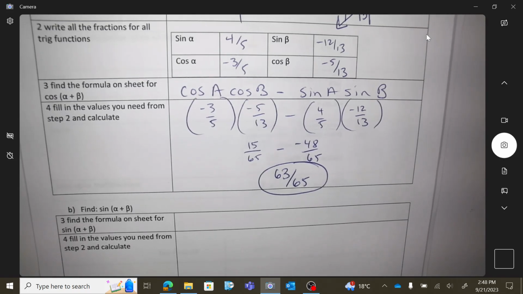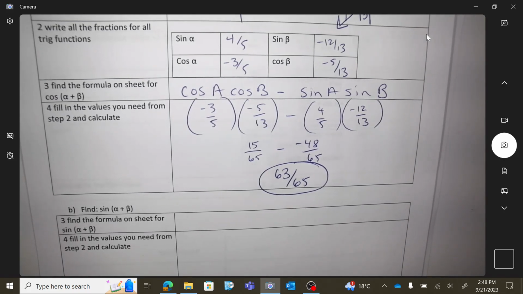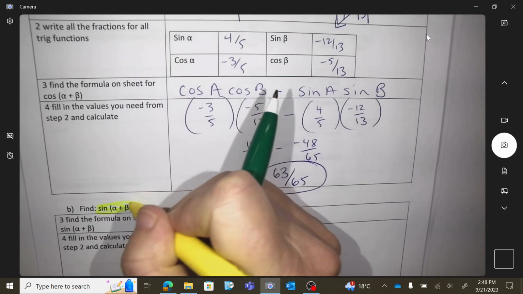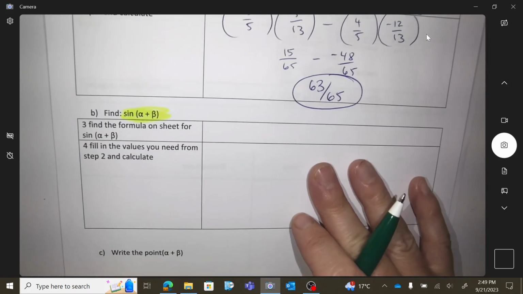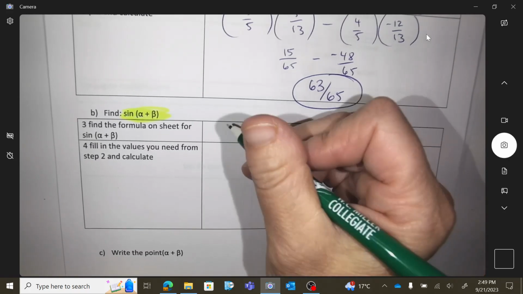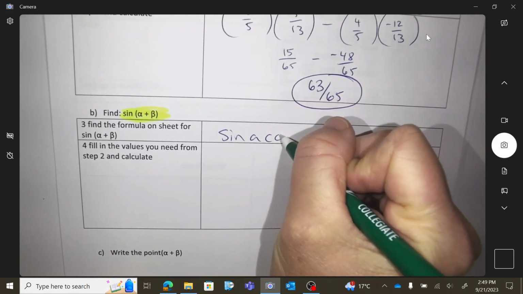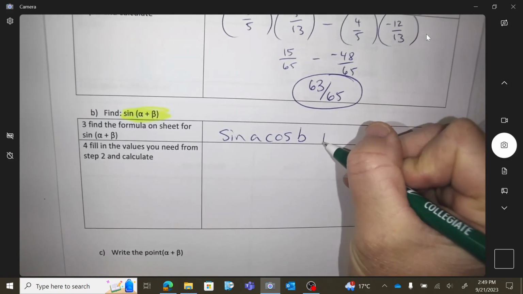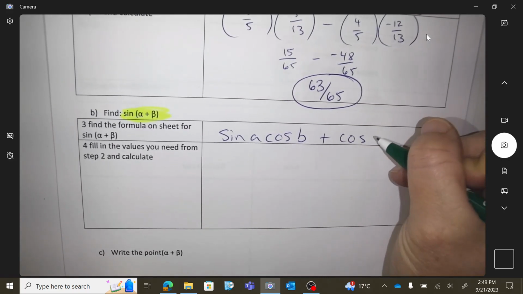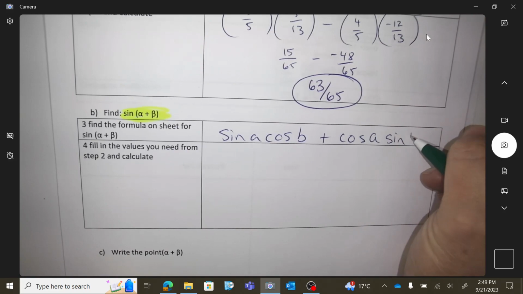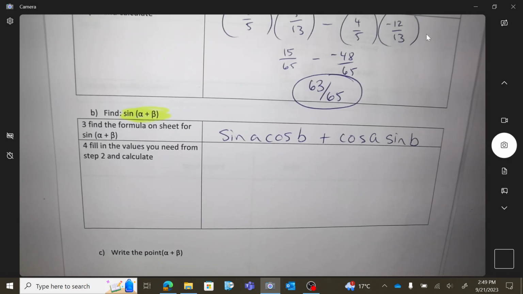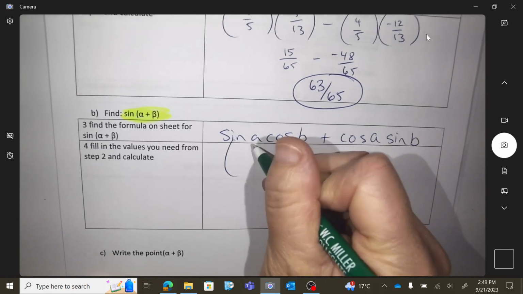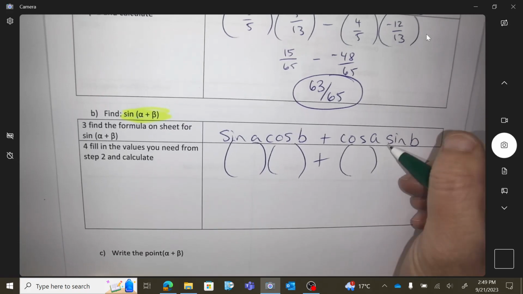Okay, next part, find the sine of A plus B. So get a formula written down, sine A plus B. Once you have your formula done, you can put brackets.